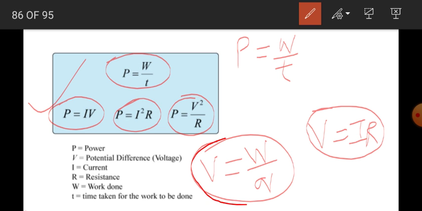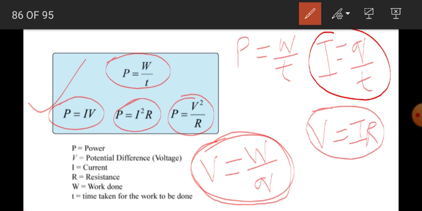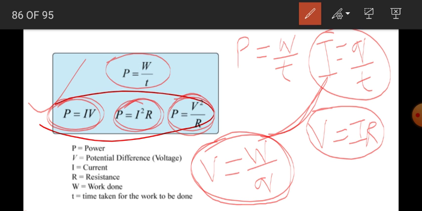And what is the formula for current? Current is nothing but the flow of charge per unit time. Using these three formulas, I will derive all these new equations. These are new formulas for you, but not to worry. Once you know these three formulas, you can obtain the remaining ones.